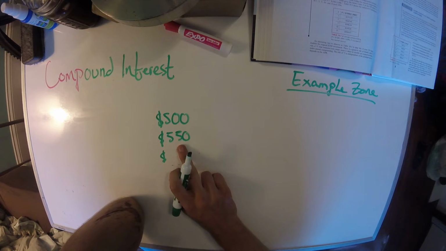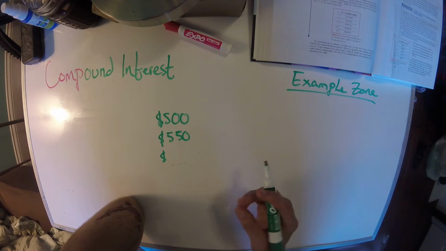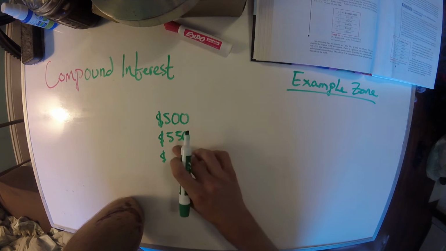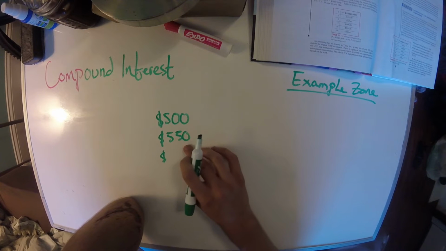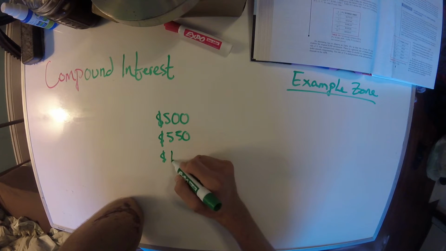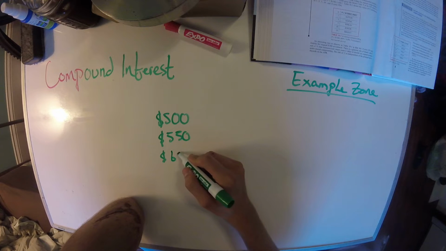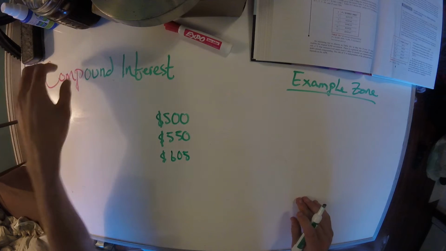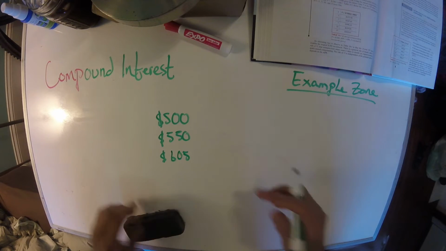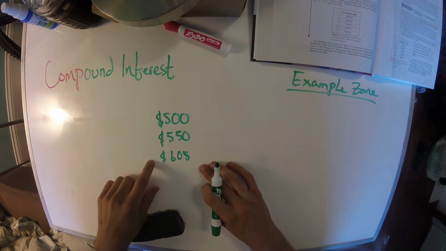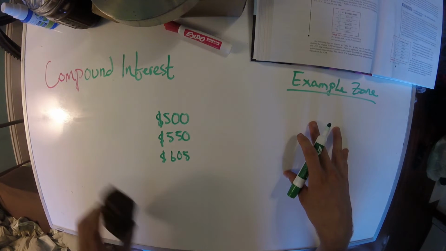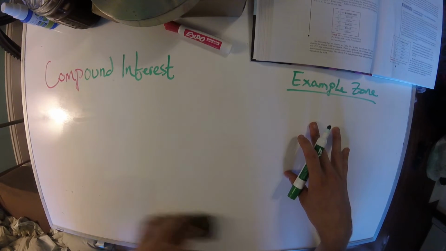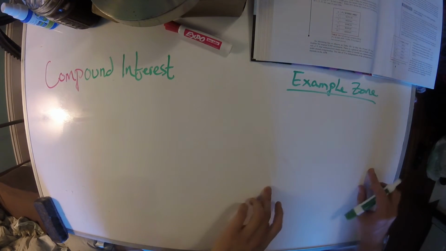You'd multiply this by 0.1, and that would give you 55, or 550 plus 55, which is 605, I think. Yep, that should be right. Math is hard sometimes. Now, this makes it sound like an iterative process, but it can actually be generalized to just a function of time, so I'll talk about that in a second. But first, as usual, I'm going to put down an example.